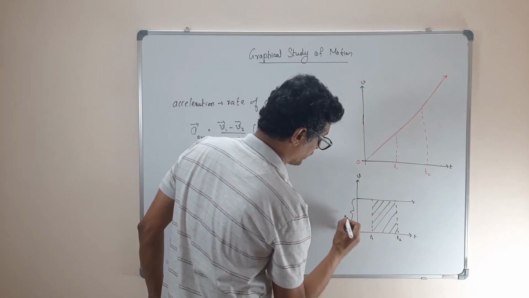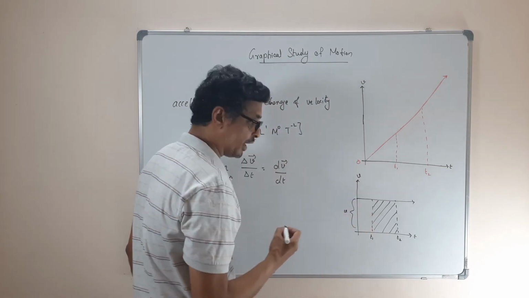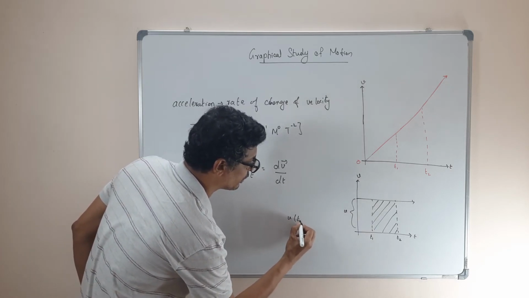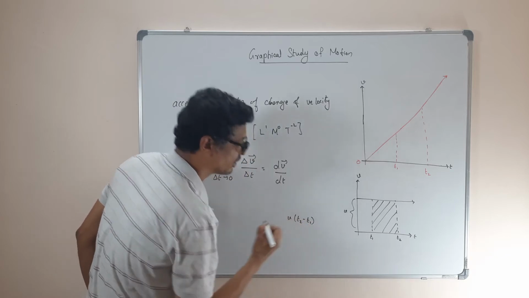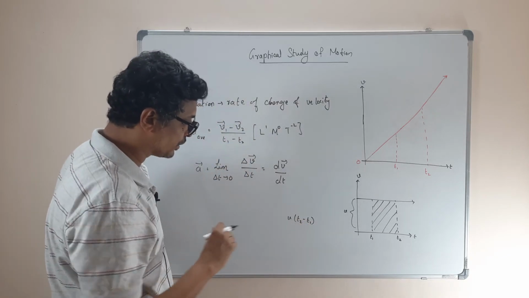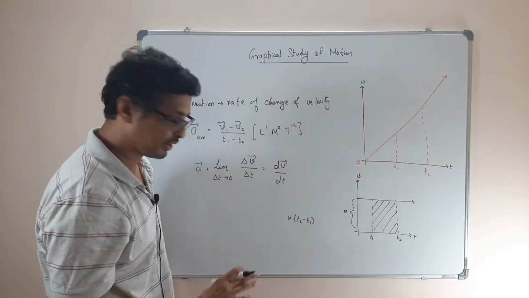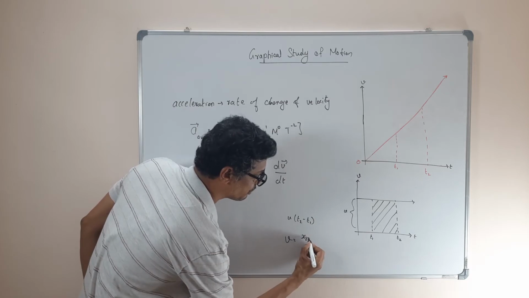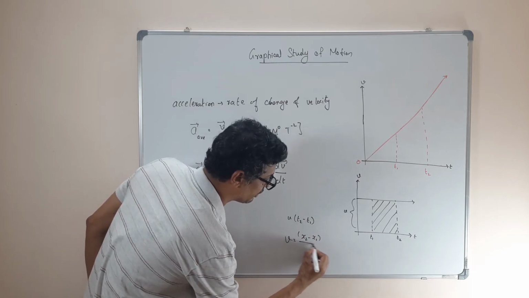Let me call this height V. So the area is V into T2 minus T1. This is a kind of average velocity, right? The average velocity V is equal to x2 minus x1 divided by T2 minus T1.